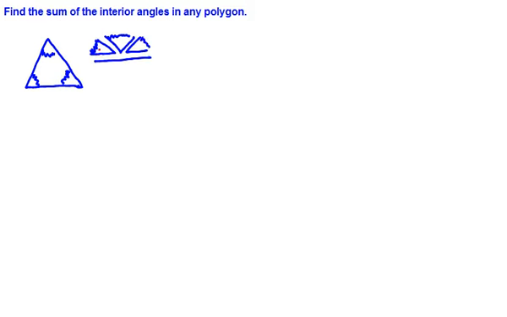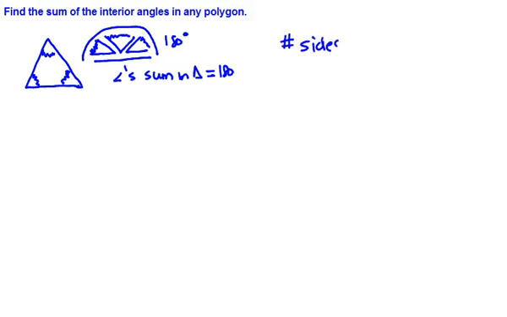This forms a straight line, or if we used a protractor, we have 180 degrees. So what we can show here is that the angle sum in a triangle is equal to 180 degrees. So we're going to make a table that says the number of sides in the polygon.